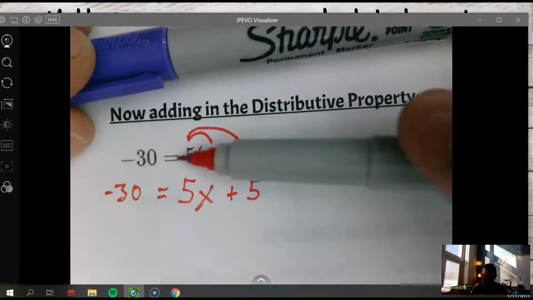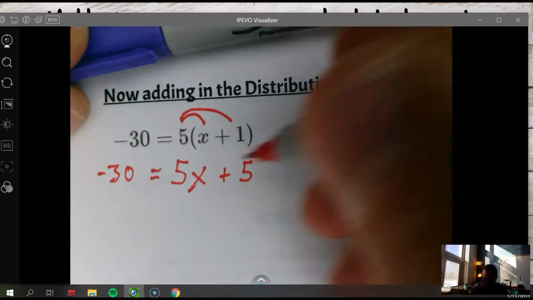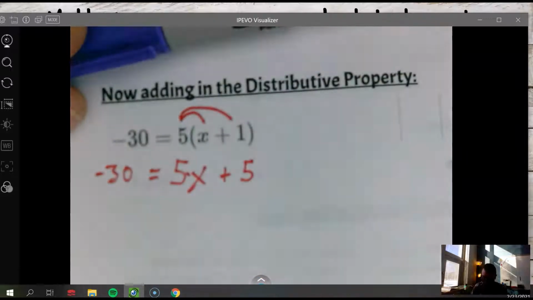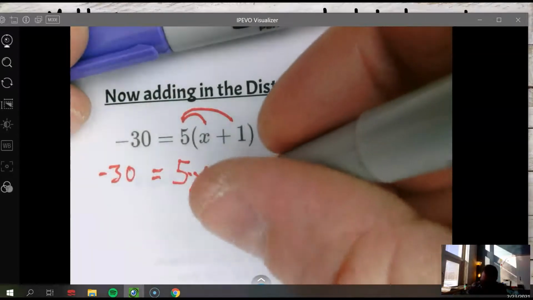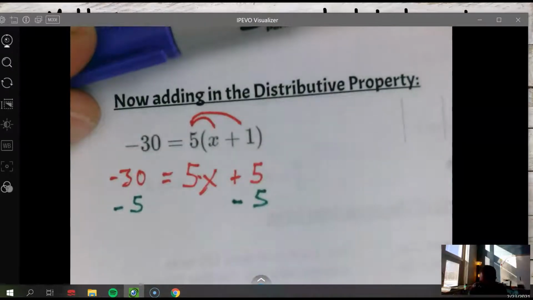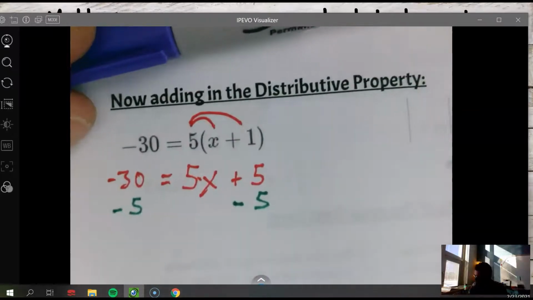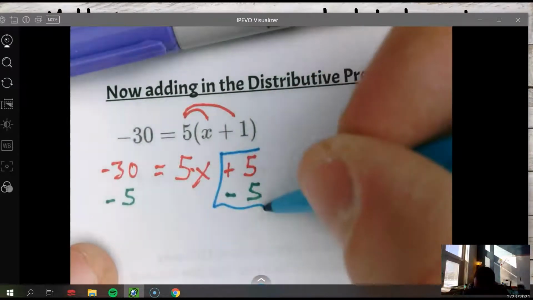So now that we've done the distribution, we start trying to solve for x by undoing what has been done, right? We have to start with the addition or subtraction. I'm flipping colors now. I'm doing what I'm doing on each side in green. So these make a giant 1, right, our best friend from CPM that I lied to you and said I was going to stop saying, but it makes sense.